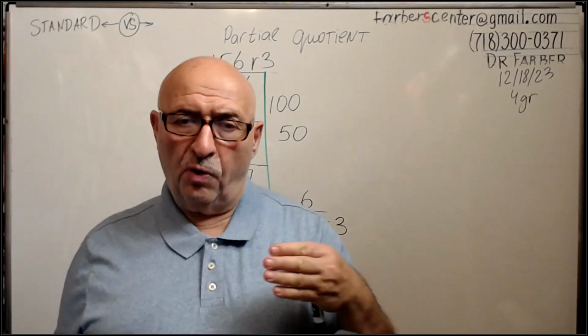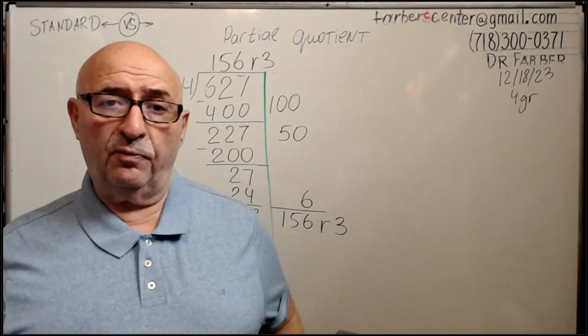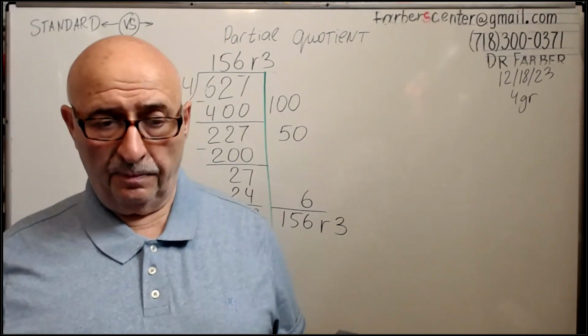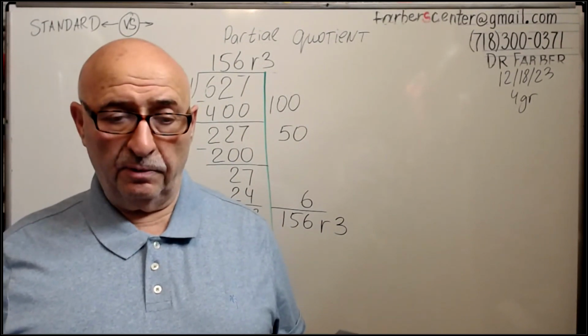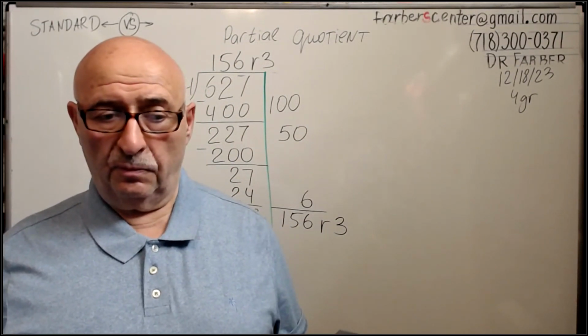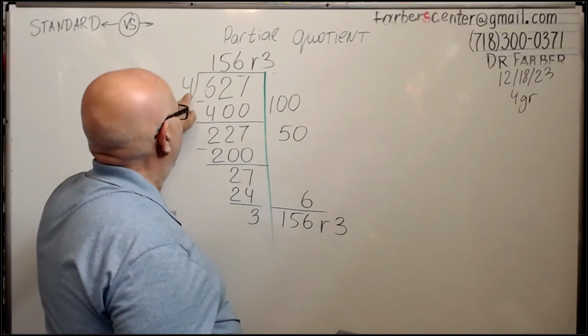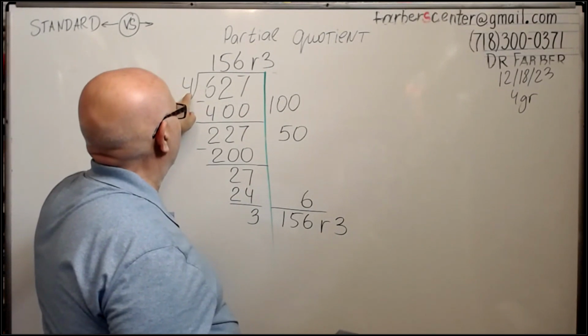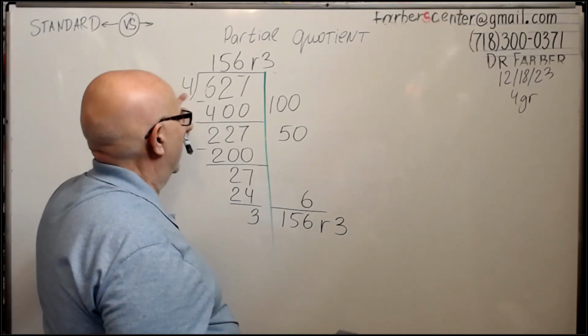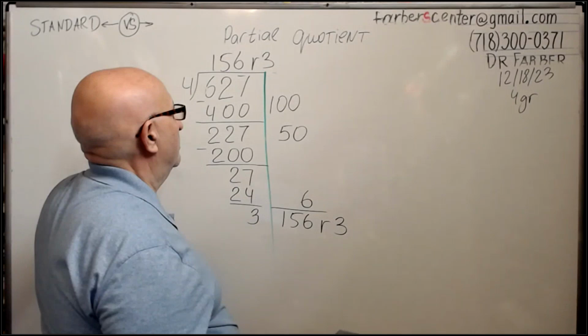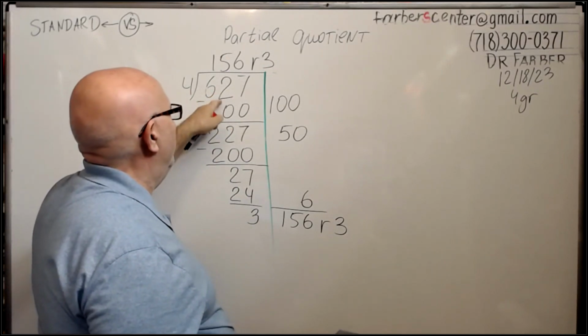You know 400, is it a convenient number? 4 times 100? Yeah. Can I use 200? No. Because if I multiply 200 times 4, I get a much bigger number than this one. I get 800, which is impossible. The result is supposed to be less than the dividend.